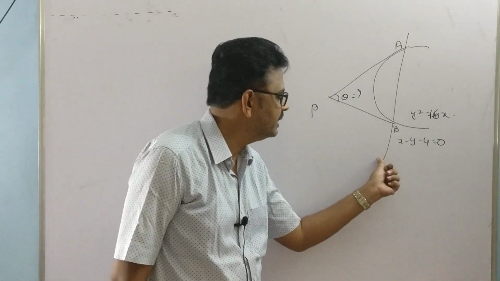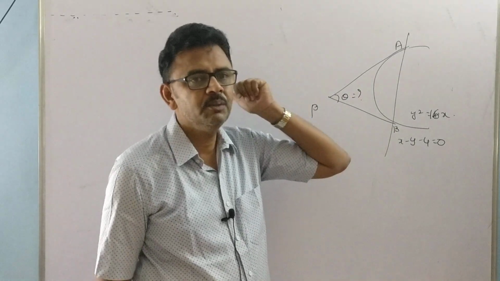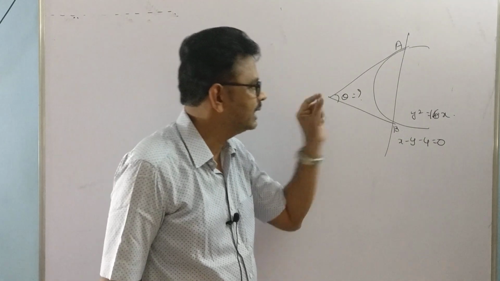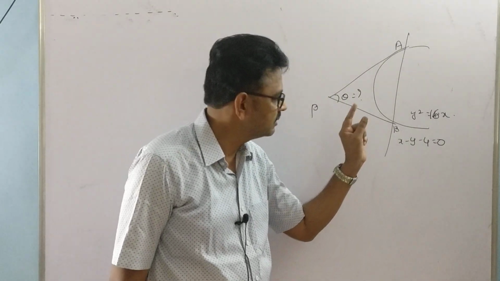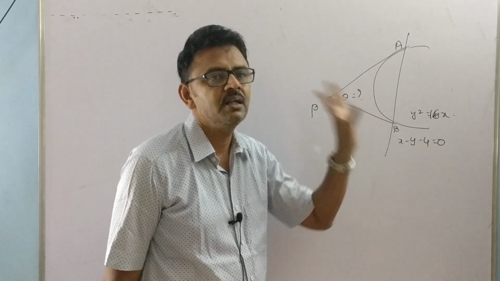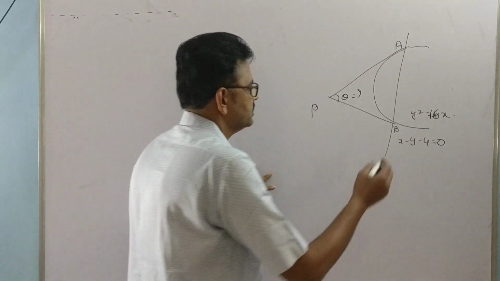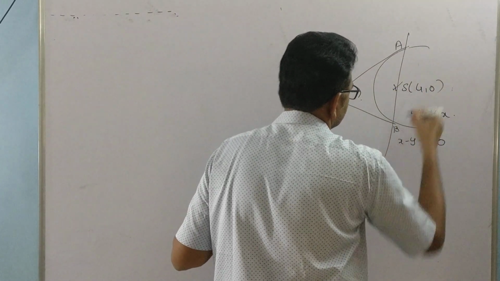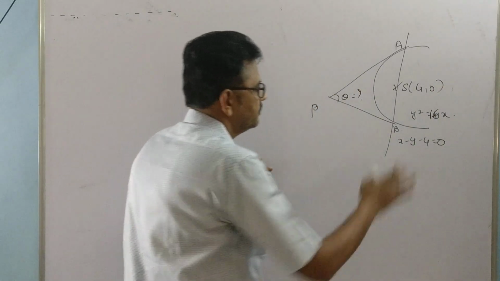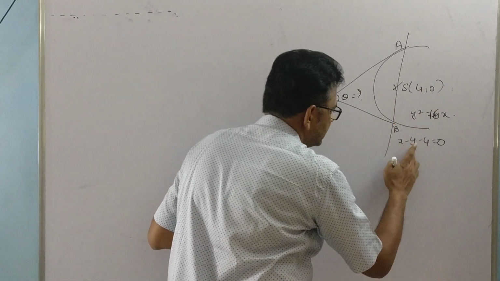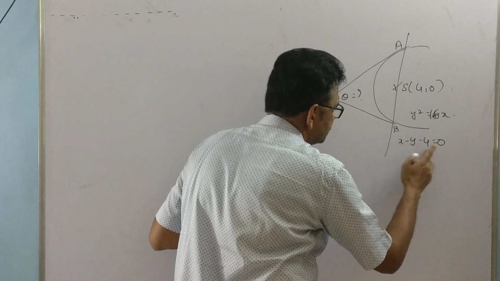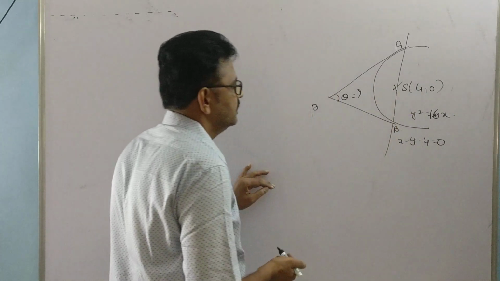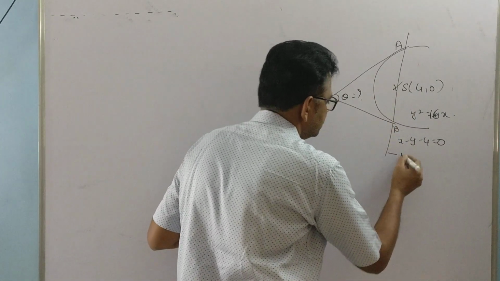If you have an idea about the previous point, you check whether the chord is a focal chord or not. What is the focus of the parabola? Focus is 4 comma 0. Substituting, 4 minus 0 minus 4 is 0. Therefore, clearly the chord is a focal chord.